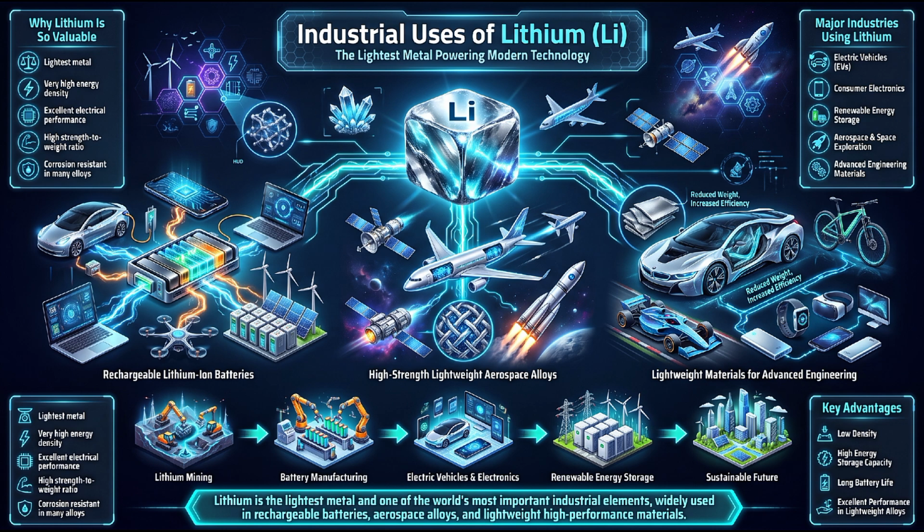Lithium is the lightest metal and one of the most valuable industrial elements due to its unique combination of low density, high energy storage capacity, excellent electrical performance, and exceptional strength-to-weight ratio.